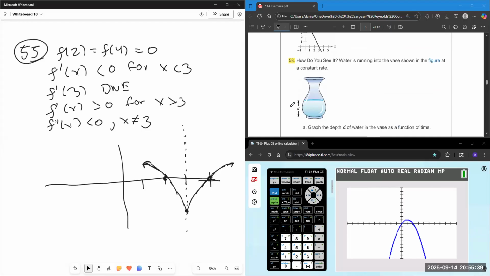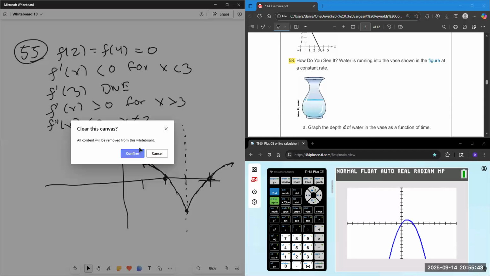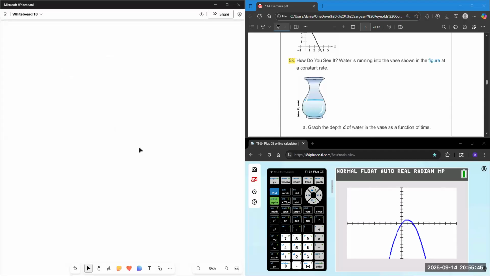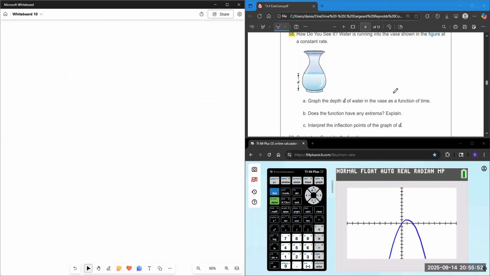And we have this vase here that we want to consider the function of the depth of the water versus time. So I have time here. I'm starting at time equals 0. I'm starting at depth equals 0.